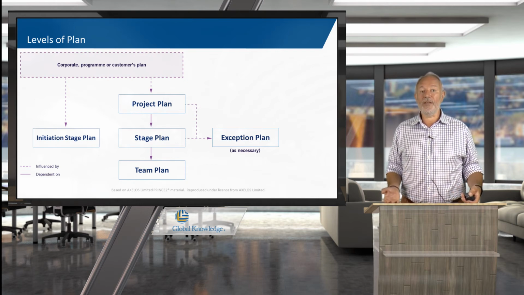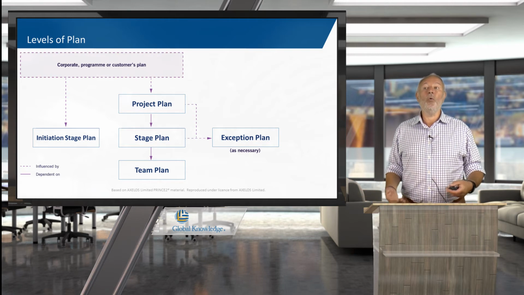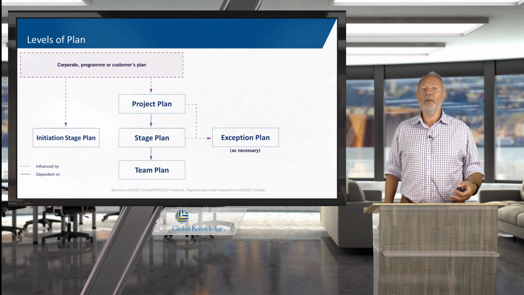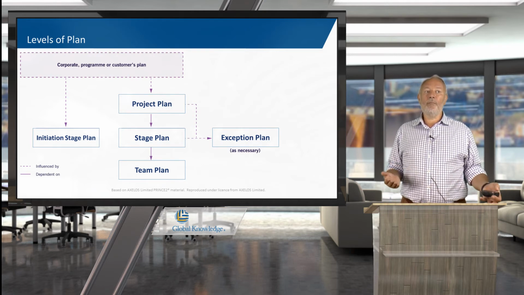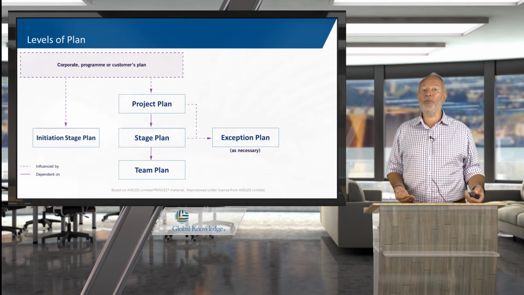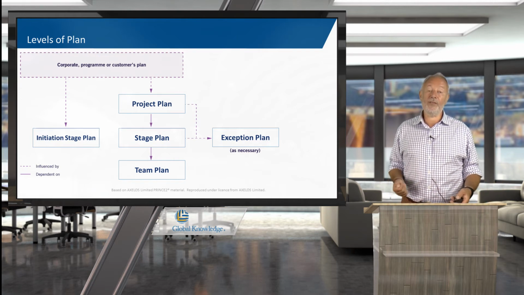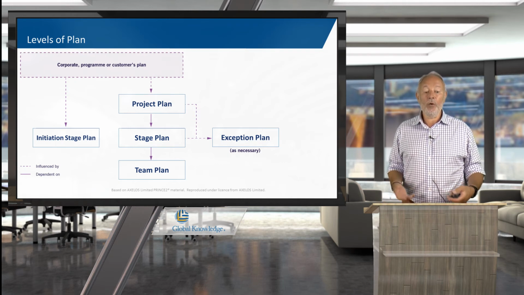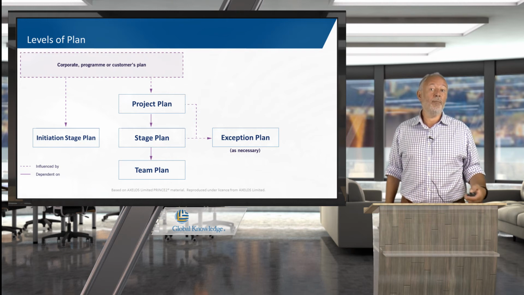In this circumstance, the project board will be given an exception report by the project manager. They then, based on recommendations, decide what they want to do, and you as a project manager will then create a plan to replace either the stage plan or the project plan, so therefore becoming version 2, once it has been approved by the project board.